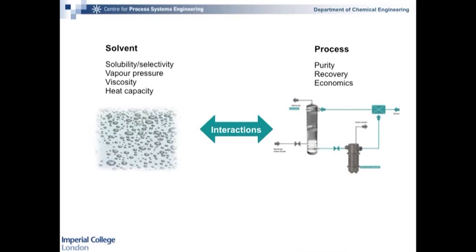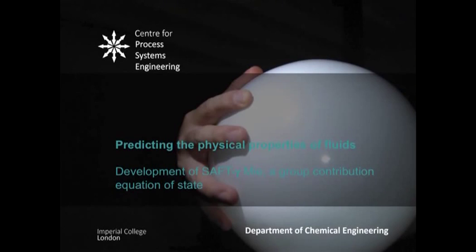We need to know the vapor pressure of the solvent to know if we're going to lose much solvent through here, for example. And we need to know the viscosity of the solvent to make sure that things are going to flow well. Okay? So physical properties are going to be key, and a large part of the effort that we have in the molecular systems engineering group is dedicated to a prediction of physical properties in a way which is going to enable us to do molecular design.